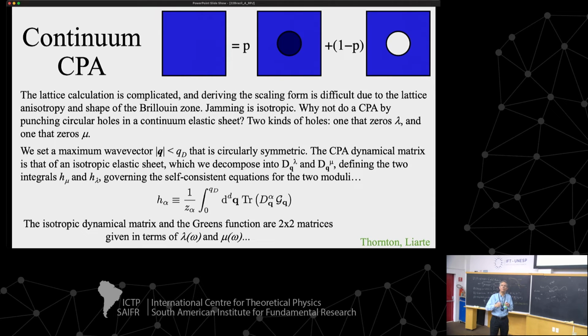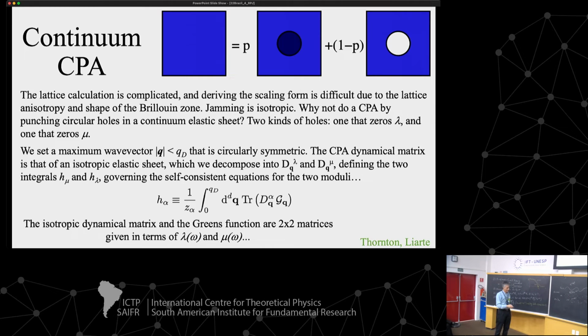We knew that the answer was going to be the isotropic piece, so up to q squared we could do it, and we got rigidity percolation. But to do jamming, we needed q to the fourth terms, and the q to the fourth terms were already anisotropic. And we couldn't figure it out.